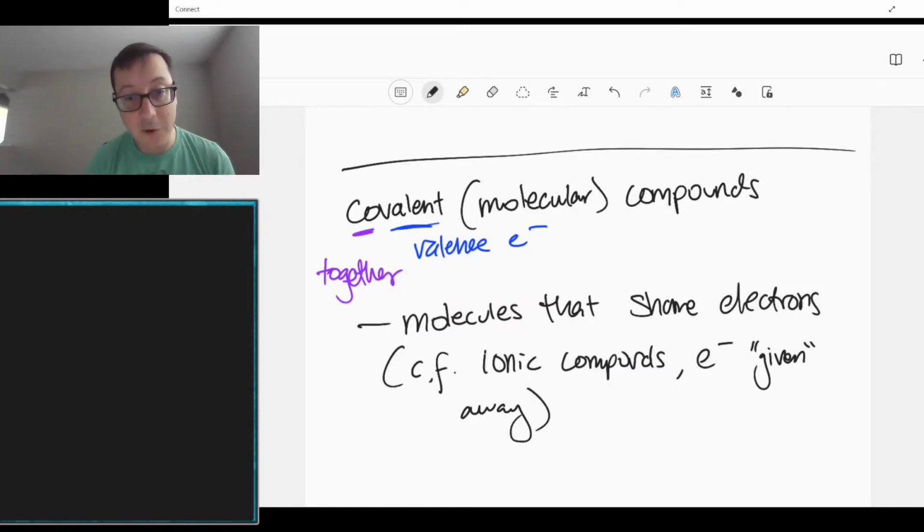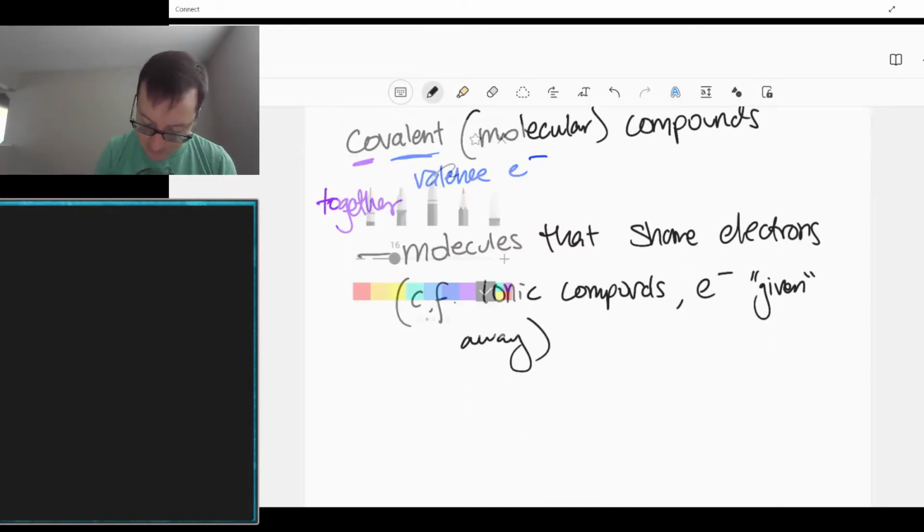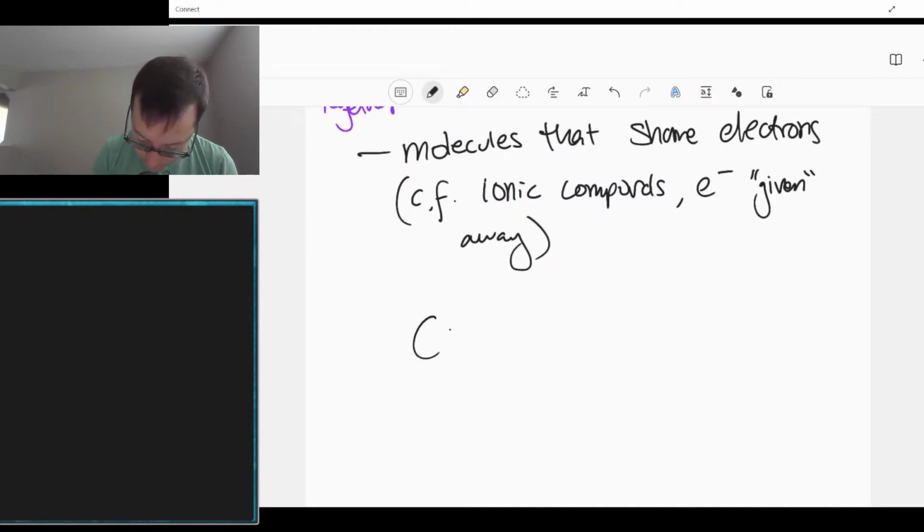So electrons are given away in ionic compounds, but with molecular compounds, they are shared. And we're going to see what this looks like. I'll give you a couple of examples, and then we'll learn how to make these.